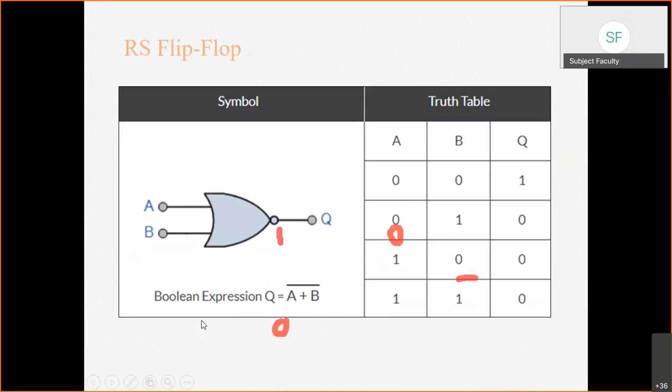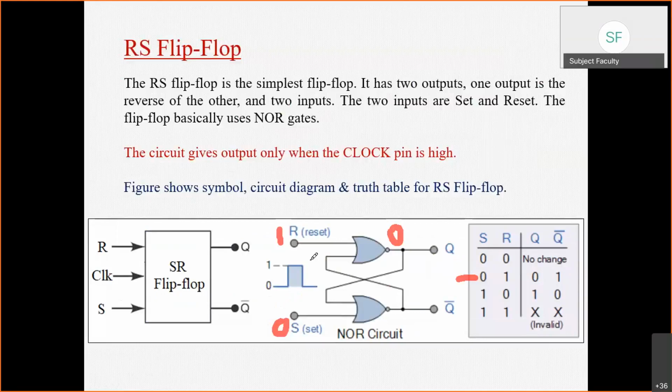You can just observe this. If any one input is high, its output is low. It doesn't matter what the value of the other input is. As soon as one input is high, the output of this NOR gate will be 0.